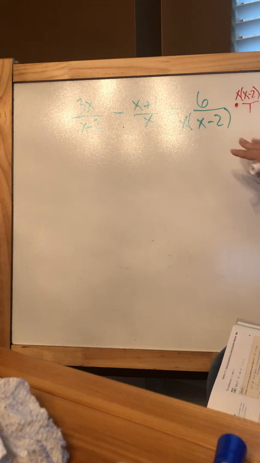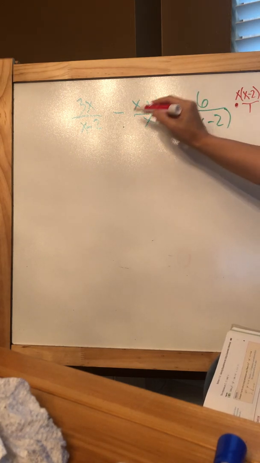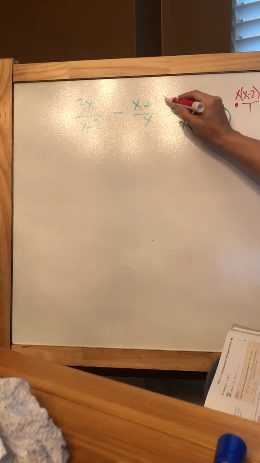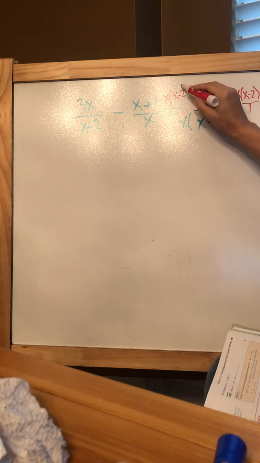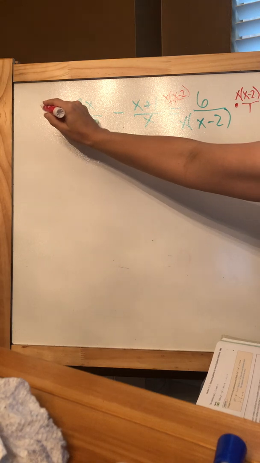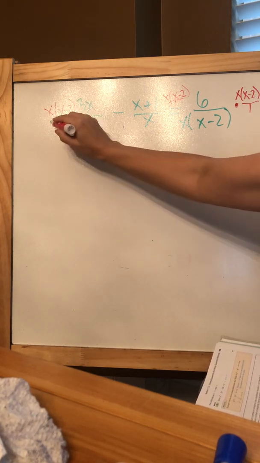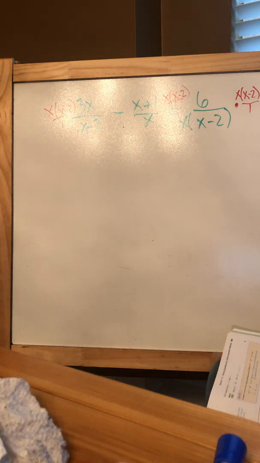If you think of it that way, that will help it not be quite so confusing. So right here, we're multiplying everything times x minus 2 over 1. That's for this one. And for this one also, x times x minus 2 over 1.